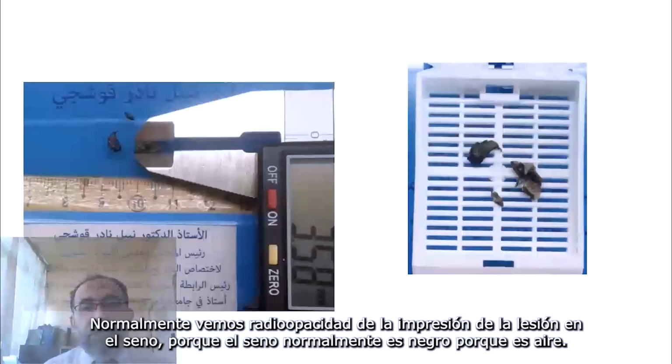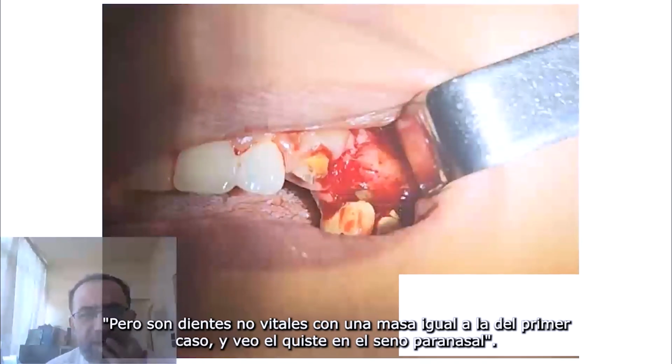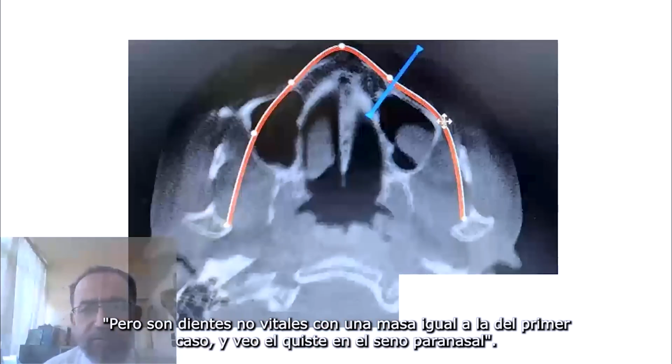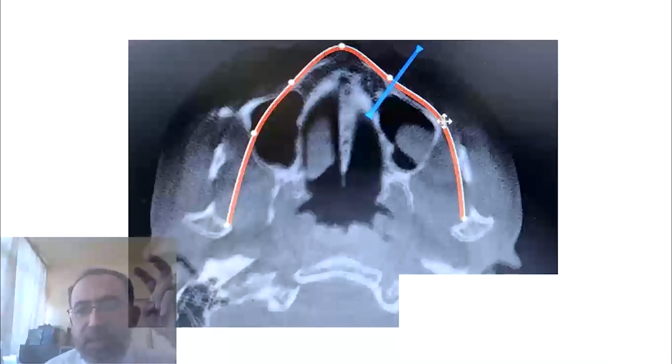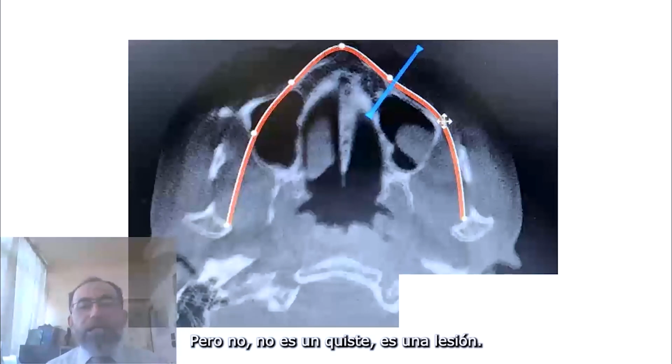Normally we see radiopacity, the impression of the lesion in the sinus, because the sinus is normally black because it's air. Oops, let's go back. It's non-vital teeth with a mass, just like the first case, and I see the cyst in the sinus. No sir, it's not a cyst, it's a lesion.